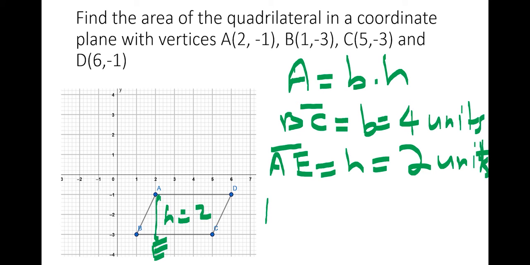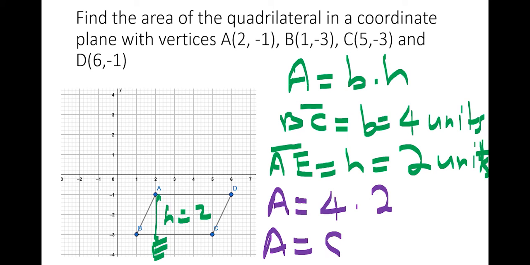Now we find the area. Our base was 4 and our height is 2. So our area is 8 square units.